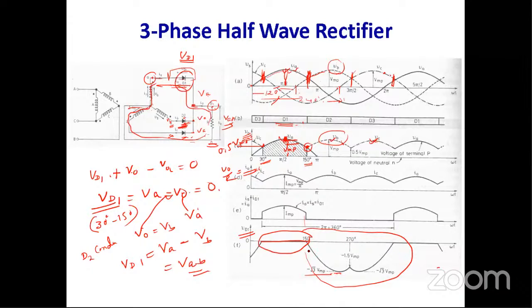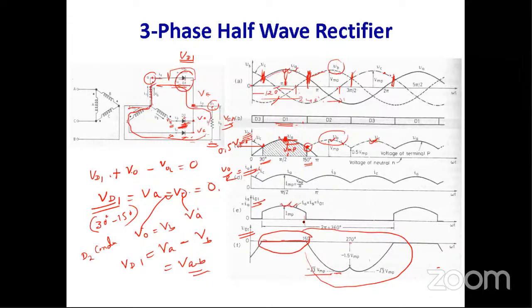Similarly, you can measure the voltage across the diodes D2 and D3. More or less the waveform is the same. The only difference is that they are shifted from this portion up to this, and ultimately these two appear in that portion and this portion. And what is the diode current? When the diode is conducting, only then does diode current flow through the circuit.